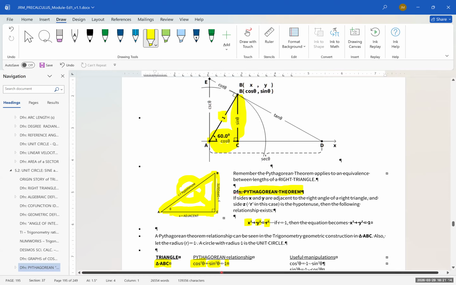And in a unit circle, the hypotenuse is 1, and 1 squared is just 1. So just by looking at this picture, we can see right away what's called the Pythagorean identity for trig functions.